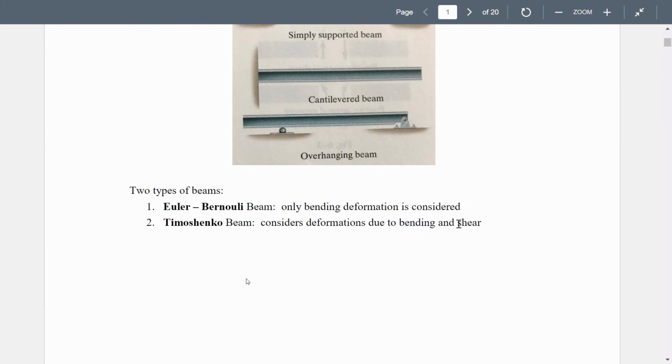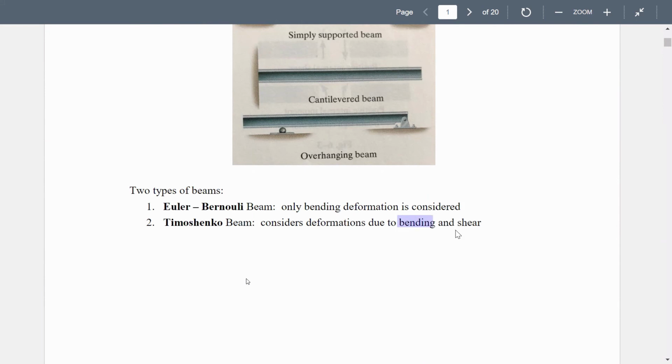So the effect of shear is very small compared to bending. If the length is 8 times its height, with a rectangular cross-section, then the effect of shear is just 5% of the effect of bending.